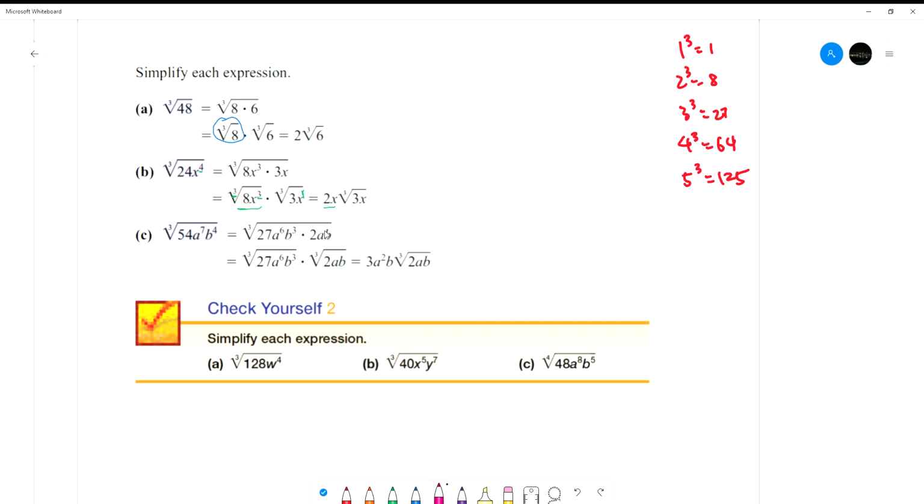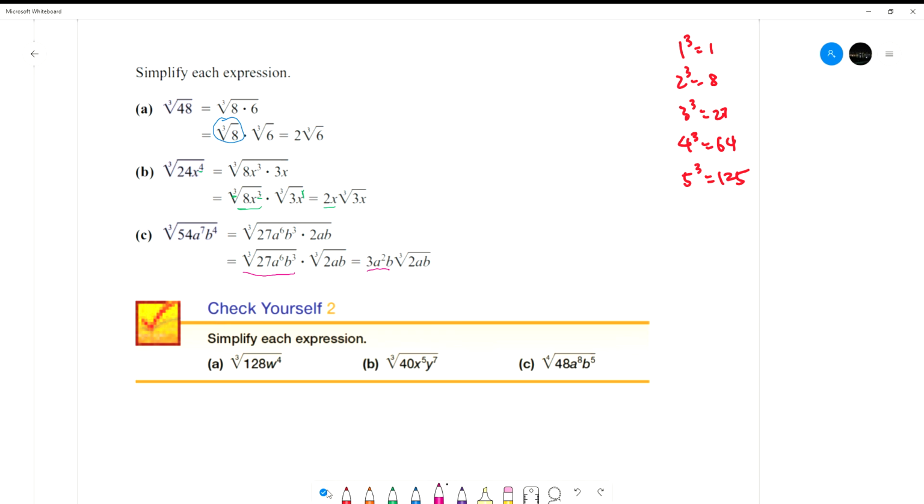The 2, a to the first, b to the first. So we split these up, and this simplifies into 3a squared b. Cube root of 27 is 3, cube root of a to the 6 is a squared, cube root of b cubed is b, and then the remaining factor. Any questions up to this point?